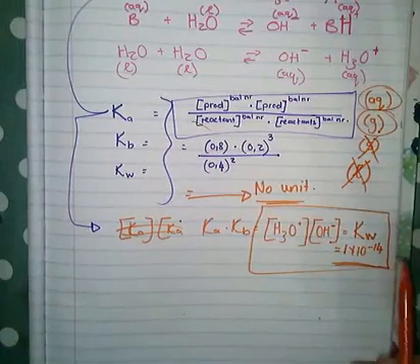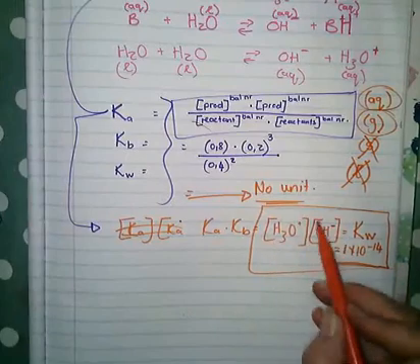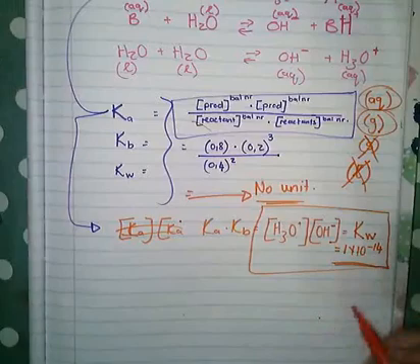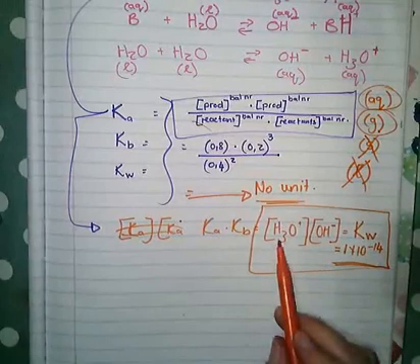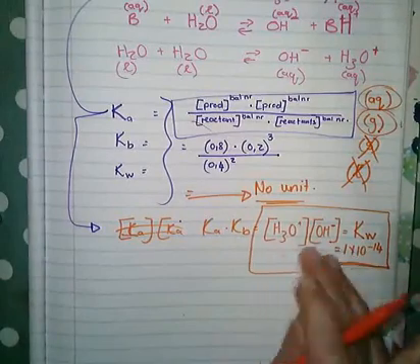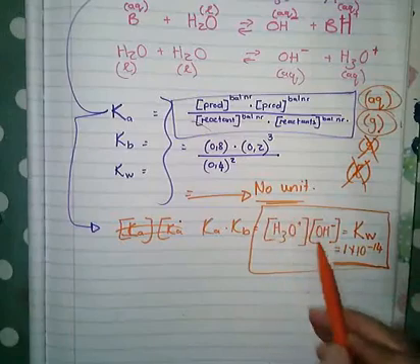So if we want the concentration of H3O in a certain reaction where we only know the concentration of OH, we can use this formula to determine the unknown concentration. And now from there, we can go to pH or pOH calculations.